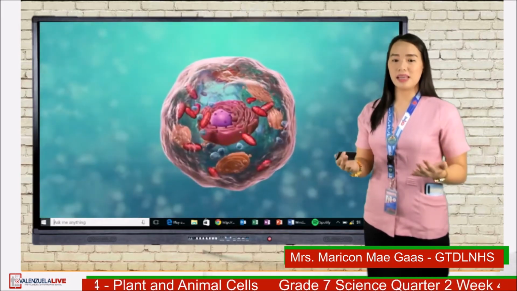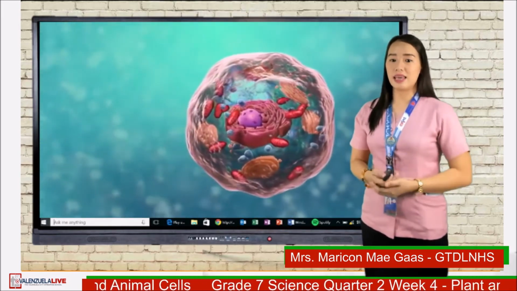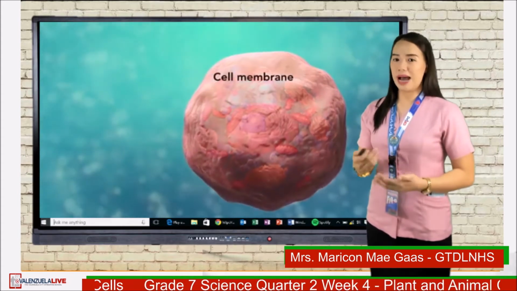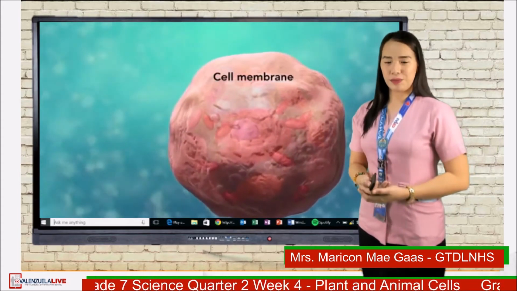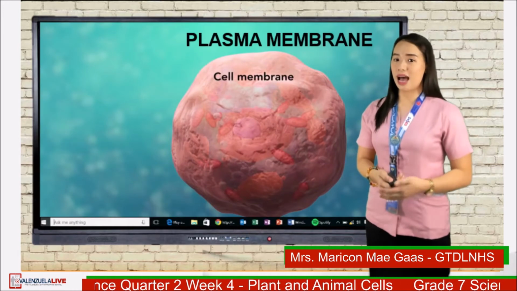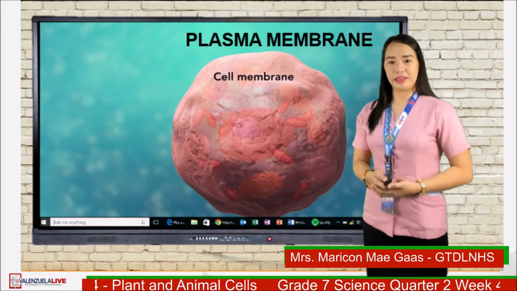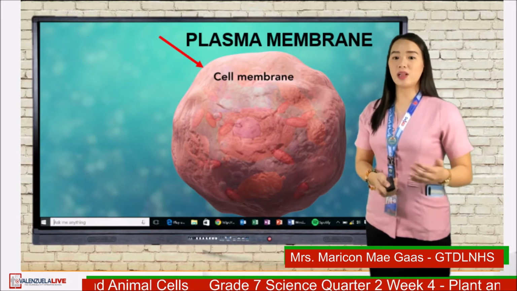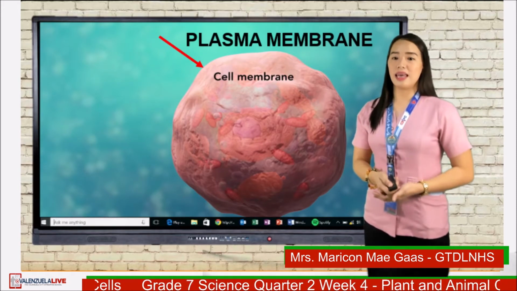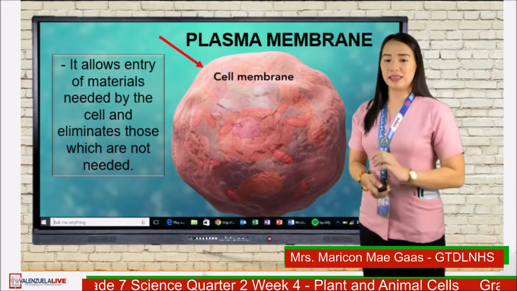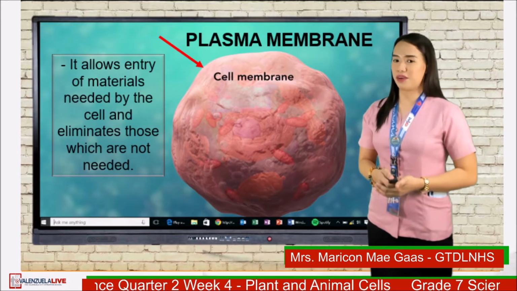All cells have three things in common, no matter what type of cell they are. All cells have a cell membrane or plasma membrane. It encloses the cell and separates what is inside it from its environment.